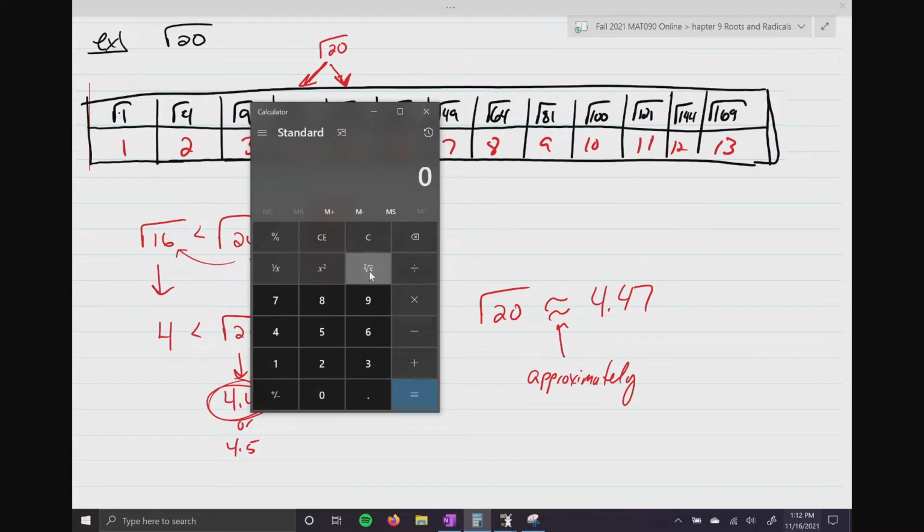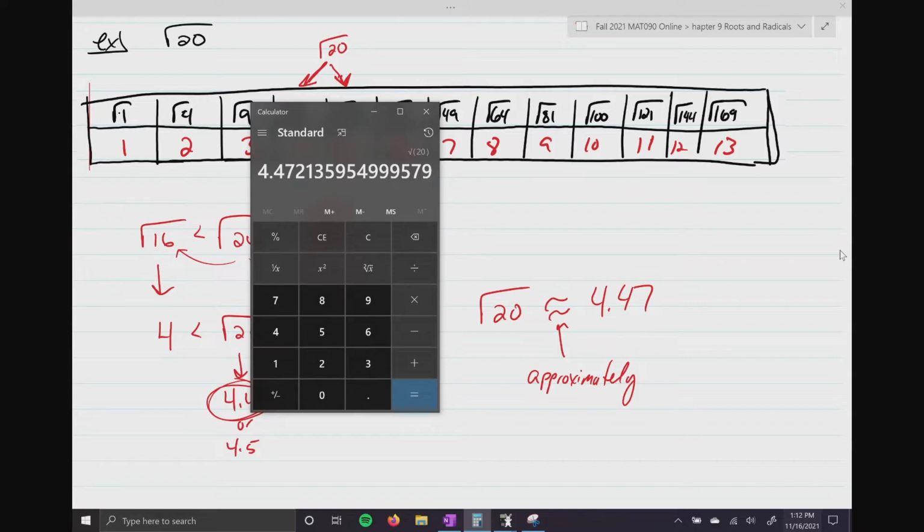But what you got to do is type in the number first. So you type in 20 first, and then you hit the square root button. And it'll give you the answer, 4.4721, all that stuff. But we rounded to 2 decimal places. So you got to be careful when you are thinking about your calculator and how to use it.